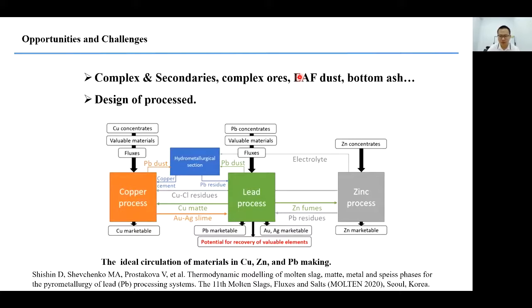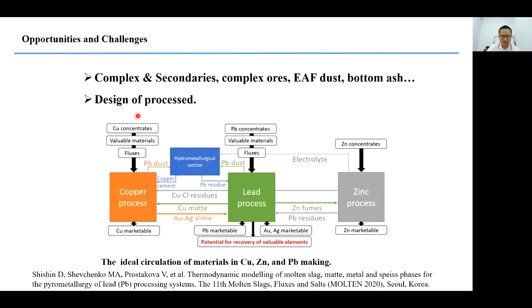Do we have the technology in store? And bottom ash from burnt municipal waste is rich in zinc, lead, and some other valuable metals. Shall we find technologies, or how can we recover metals from here? This is also an opportunity.